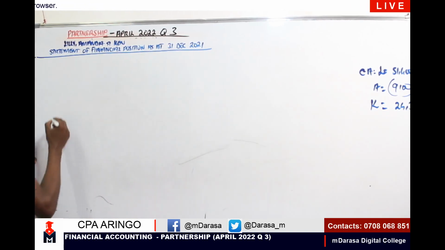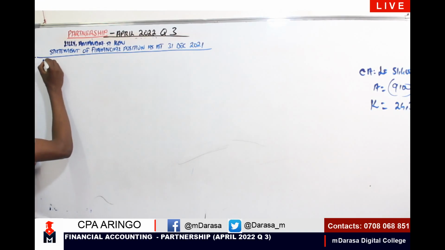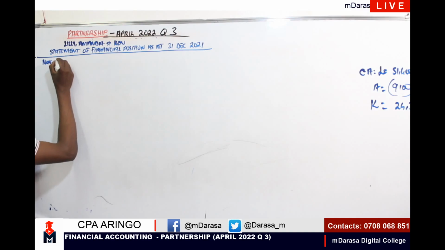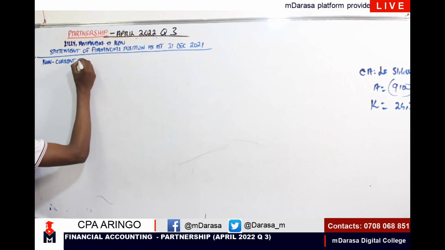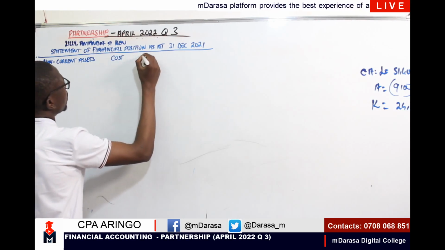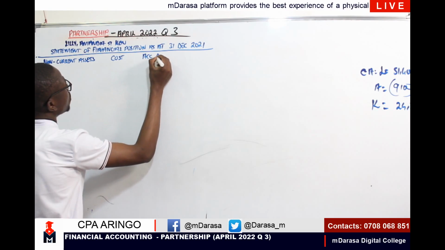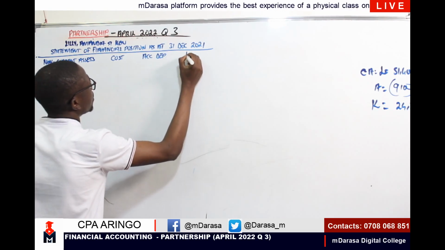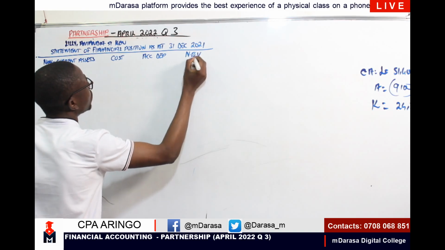As always, having a format at the back of our mind, I'm having non-current assets, with our cost, accumulated depreciation, as well as our net book value.